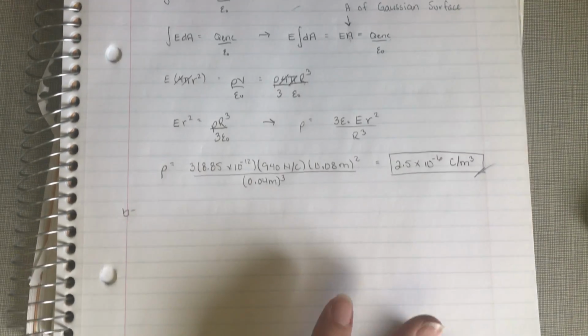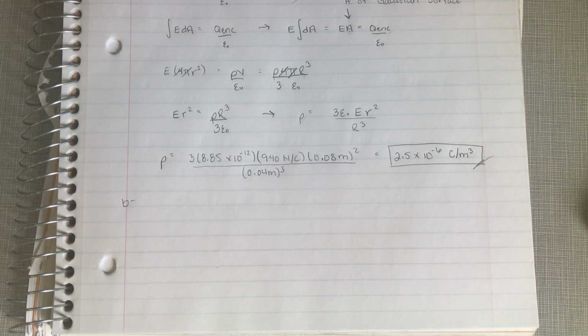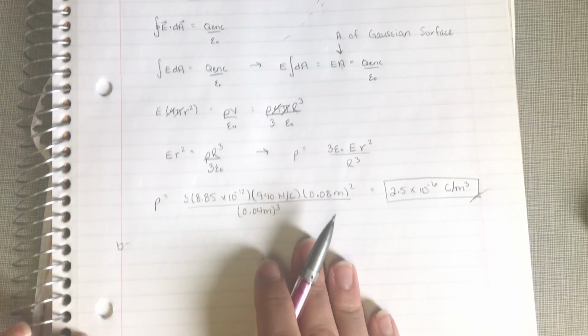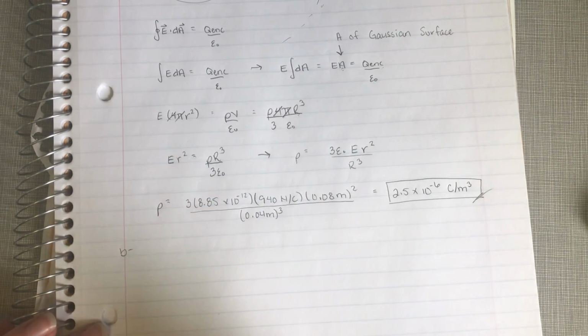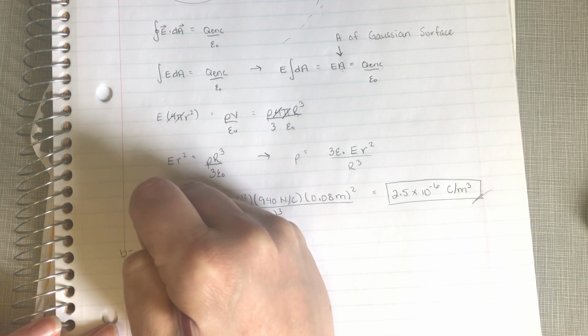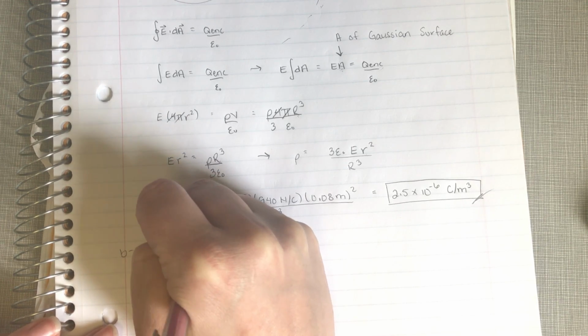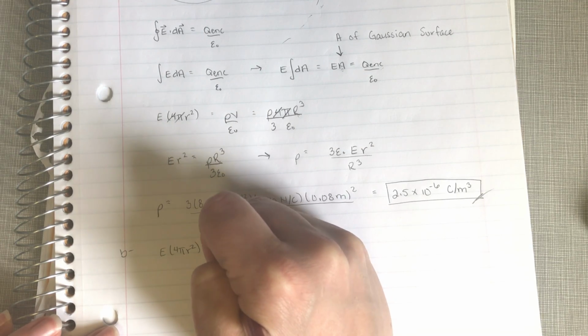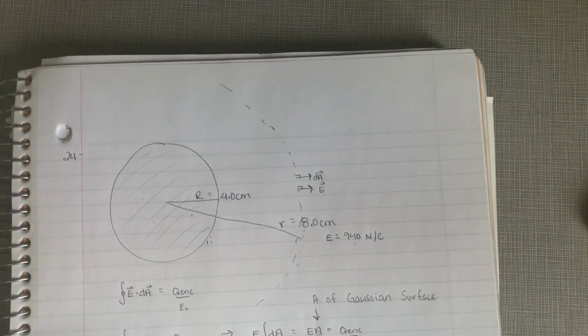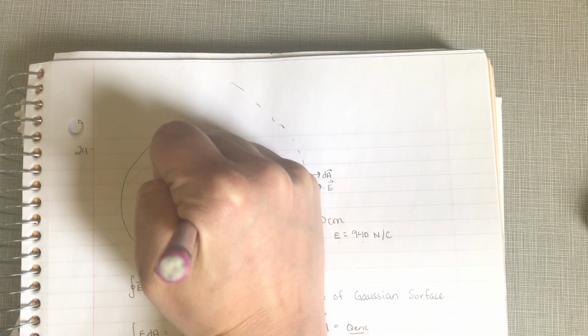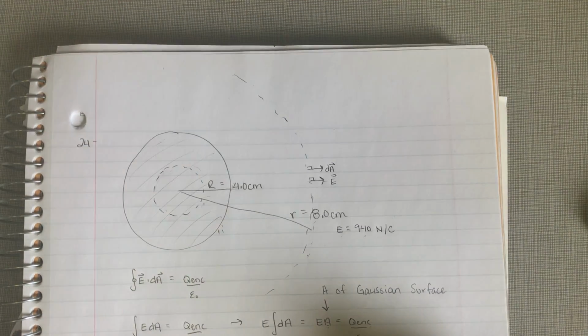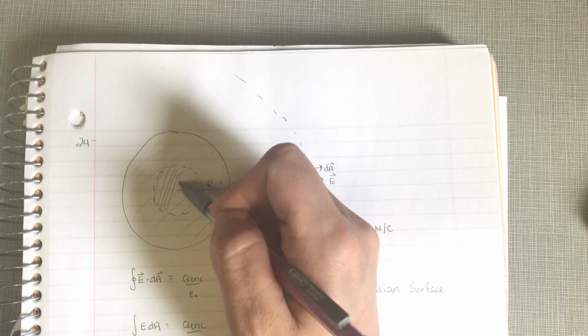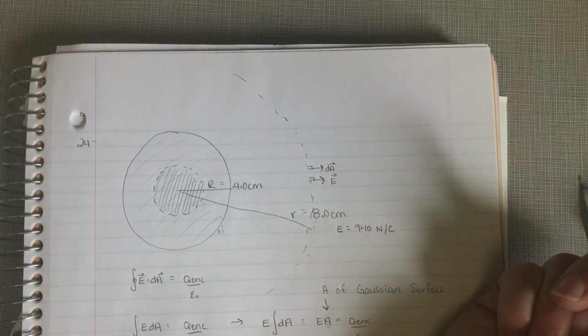Alright, for part B: find the electric field at a distance of 2 centimeters from the sphere's center. Going back to here, E times 4 pi little r squared equals rho times the volume over epsilon naught. Now 2 centimeters is inside the sphere, so our Q enclosed is only this part.